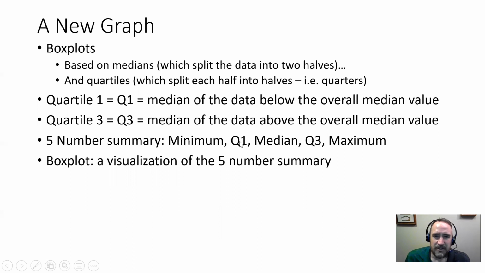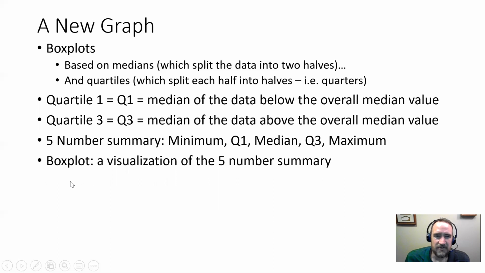And seeing how these are spaced out relative to each other can help us understand where the data is packed together or where it's spread out. We can also tell if we have unusual observations if our minimum or maximum are very low or very high relative to everything else. So 5-number summary is a super helpful summary of statistics about our data.